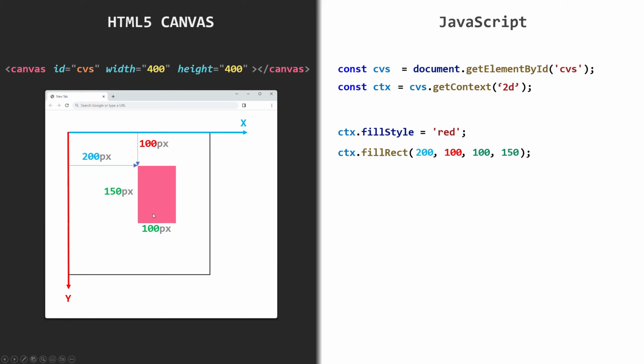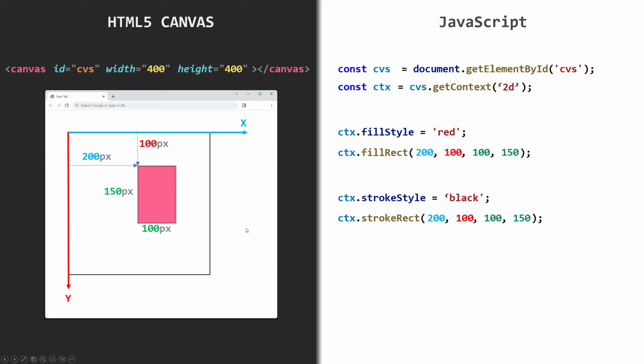Now if you want to draw a stroke over it, you want to use the strokeRect method. Again, strokeStyle is used to change the color of the stroke. Now strokeRect is like fillRect, it expects the same arguments: the position of the stroke, x and y, and then its width, and then the height.